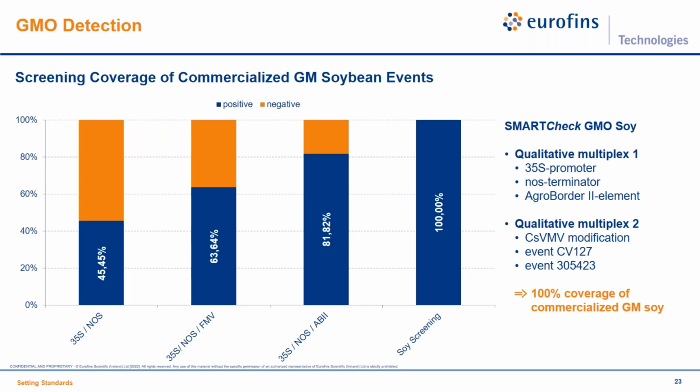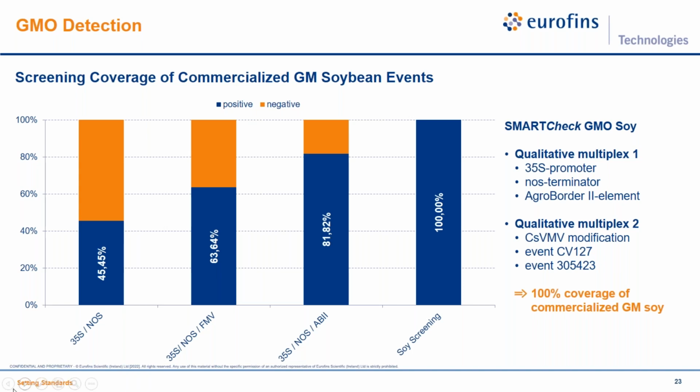So for soybean, 35S and NOS, that's the classical GMO testing screening, we have a coverage of a bit more than 45%, which is, I think, not good. You can add a third screening assay, that's the FMV promoter, but still you have almost 40% of commercialized GM soybean that are not covered by this strategy.